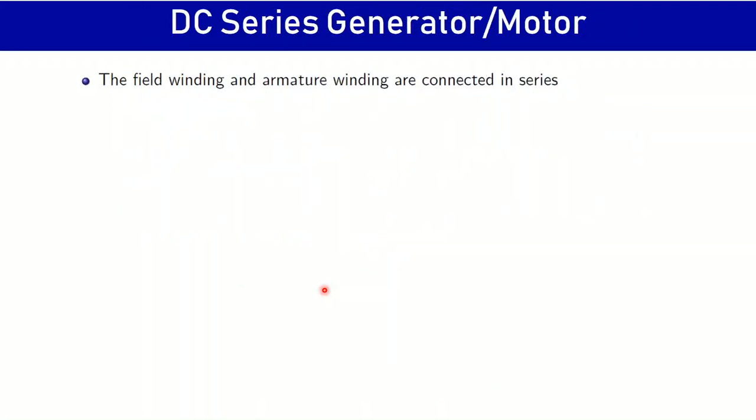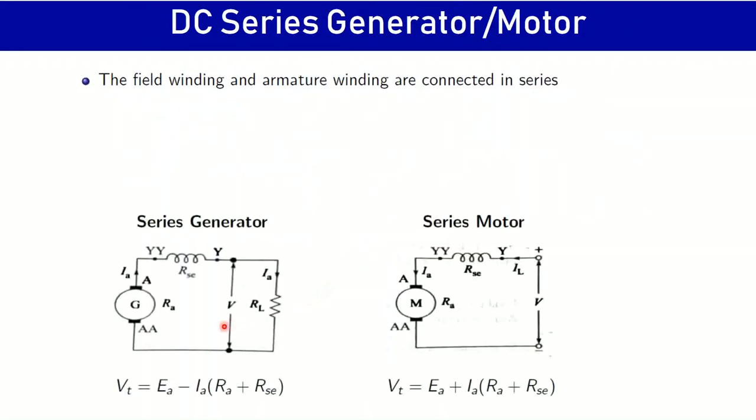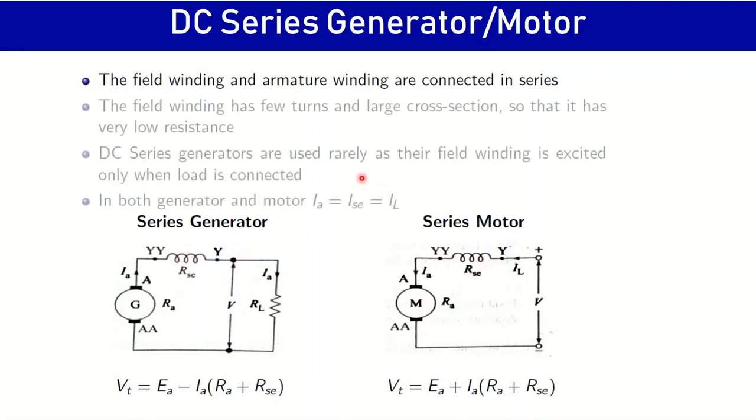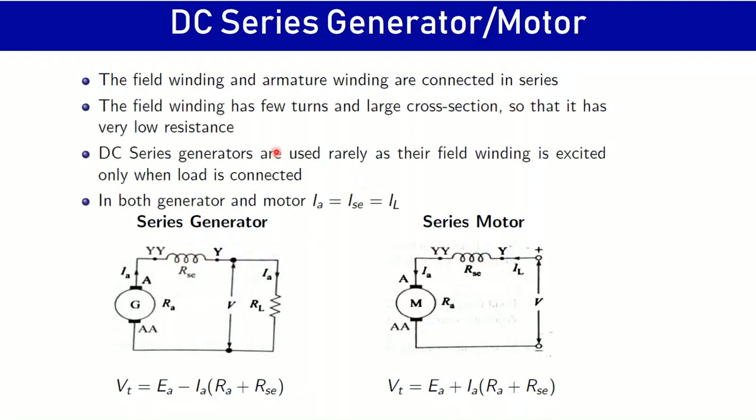As far as the series generator is concerned, we see that the armature winding and the field winding are in series, both in the case of a generator and a motor. Now, since the winding is in series, the number of turns is few and the cross section is more, and hence this series winding has very low resistance.